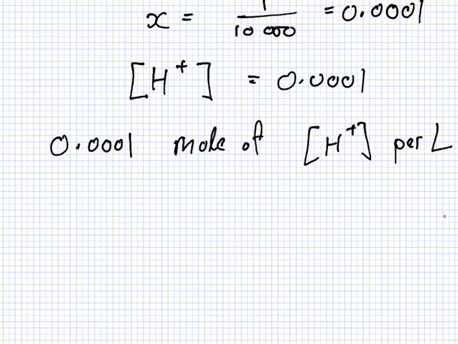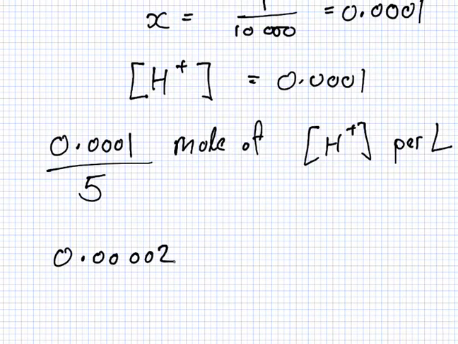Now, how many litres do we have of apple juice? 200 millilitres. So 0.2. Yes, we have a fifth of a litre. So if I divide this by 5, I get how many moles I have per apple juice carton. So that's 0.00002 moles per 200 millilitres.